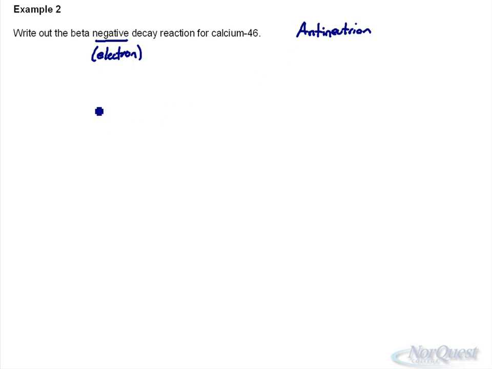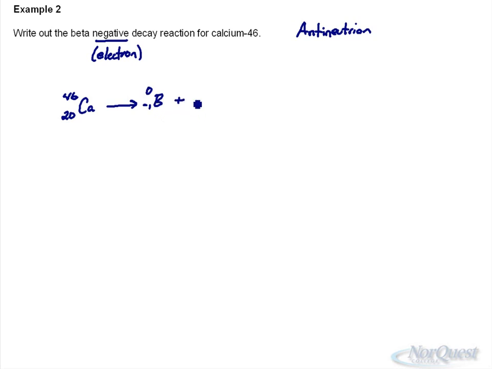So calcium 46, calcium is element number 20 on the periodic table. So calcium 46, 20 protons, is undergoing negative beta decay. So we have a beta particle, 0, -1.